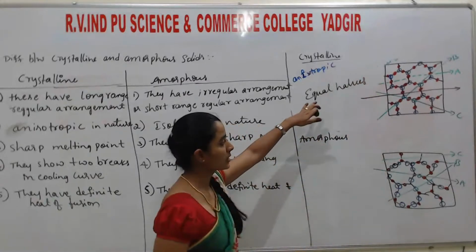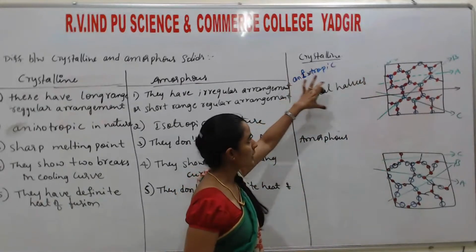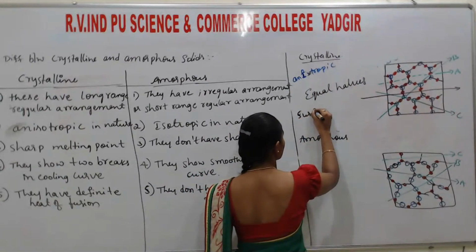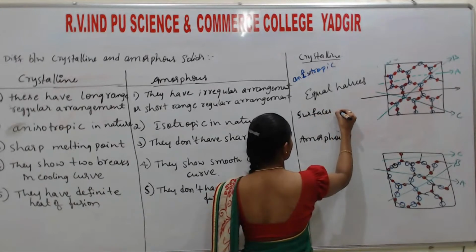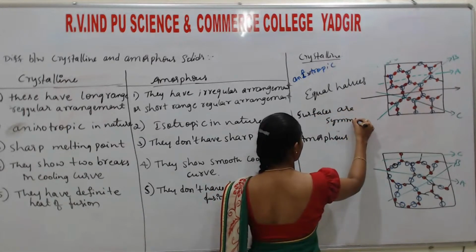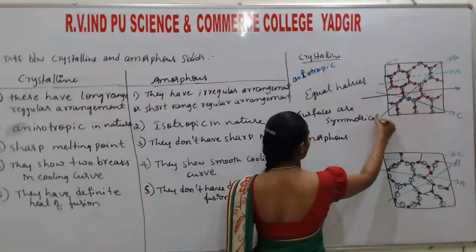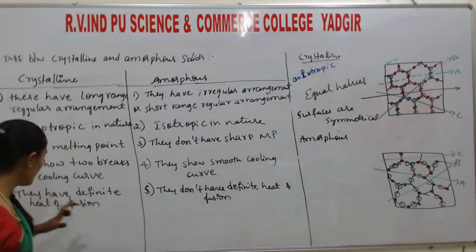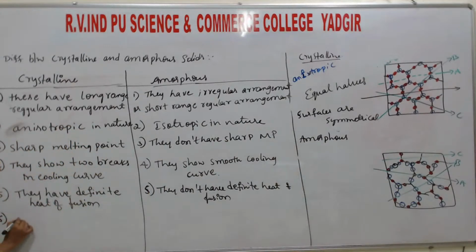If we cut this crystalline solid, we get equal halves, and all the surfaces are symmetrical. The cut halves' surfaces are symmetrical. Means this one has symmetry.